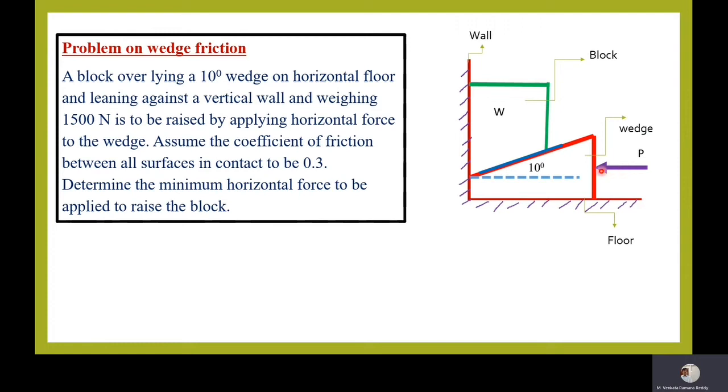After applying the force P, this block tends to move up on the wall and moves in the rightward direction onto the wedge.